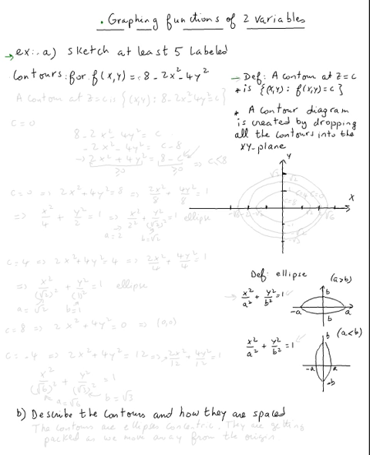So let's look at the definition. Definition says the contour at z equals c is the set of all ordered pairs x, y such that f of x, y is equal to c.